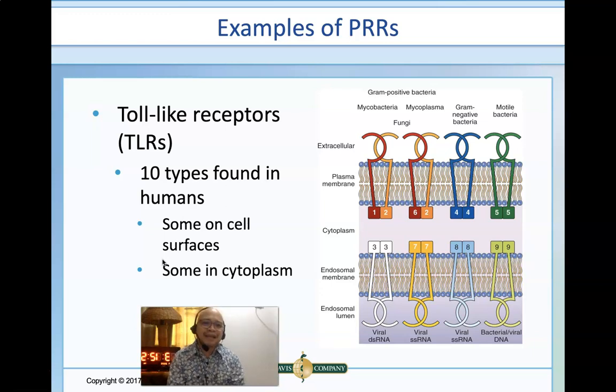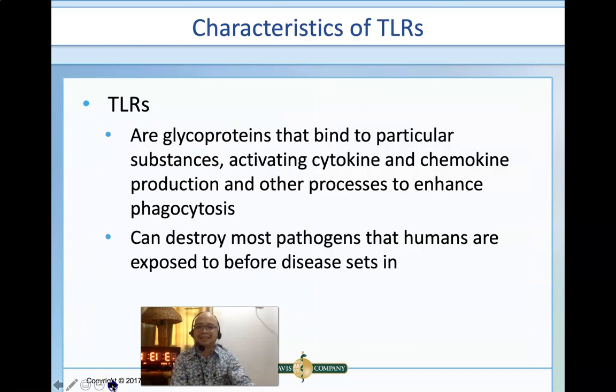So they can recognize motile bacteria, for example, gram-negative bacteria, fungi, mycobacteria, viral double-stranded RNA, viral single-stranded RNA, and bacterial or viral DNA. TLRs are glycoproteins that bind to a particular substance. Okay? They can activate cytokine and chemokine production and other processes to enhance phagocytosis.